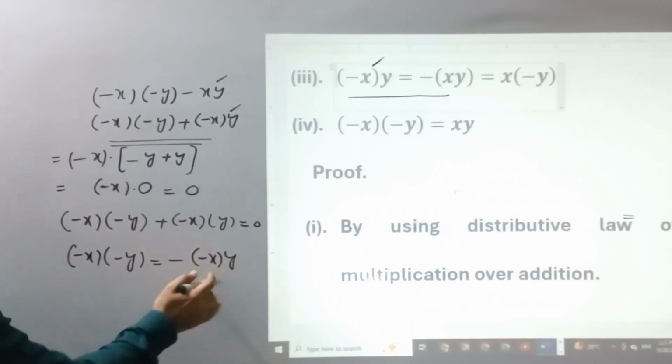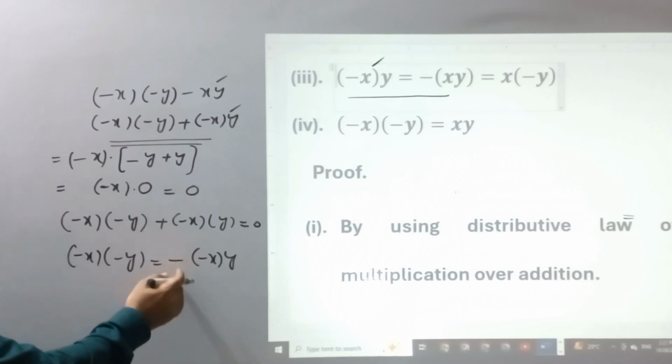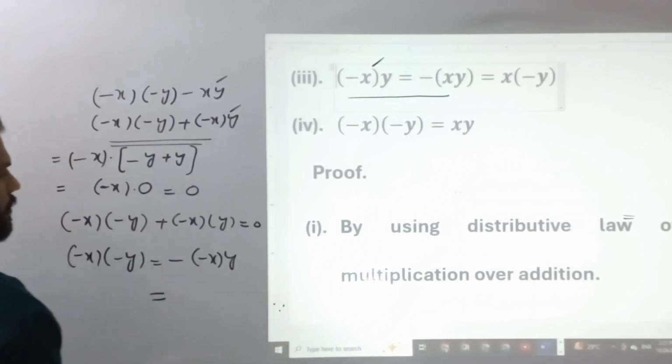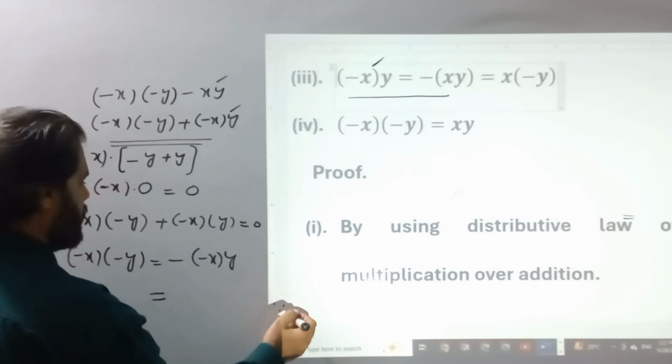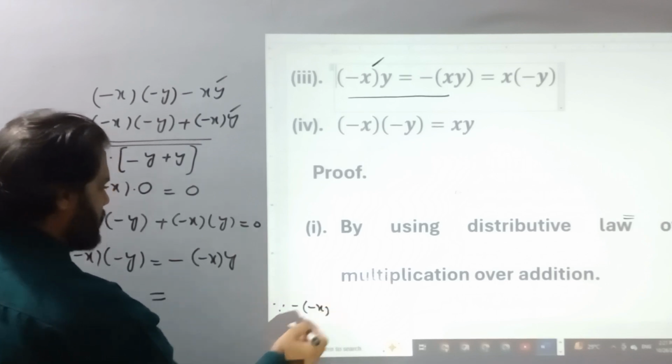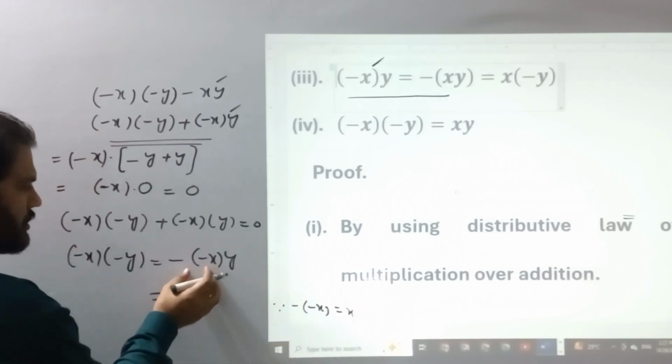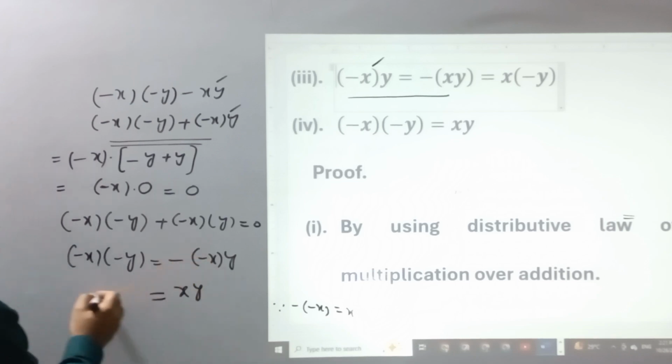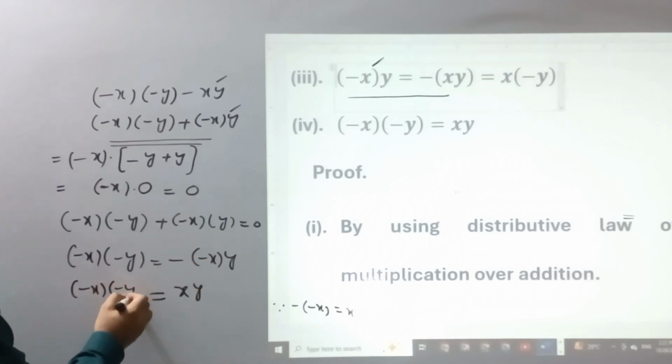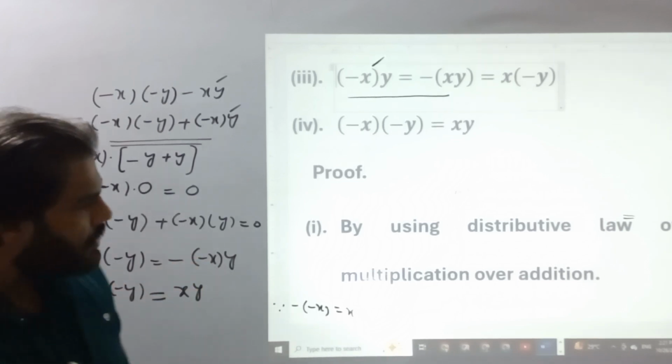Now again you can use the reason that minus of minus x equals plus x. So this will become xy, that is, minus x into minus y equals xy as required.